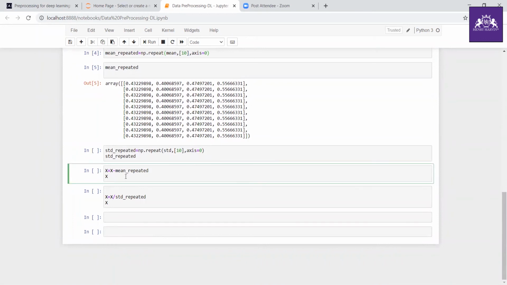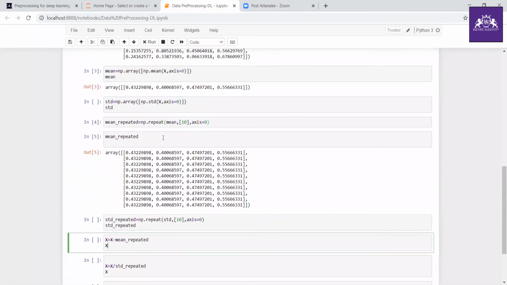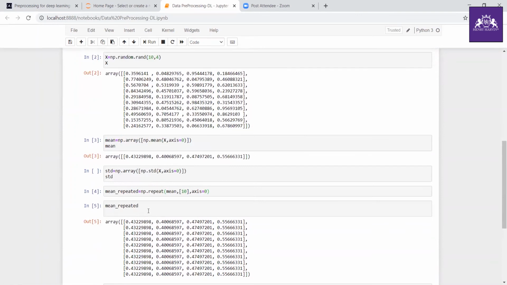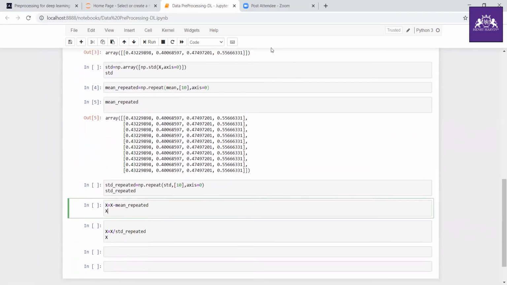Now I'm trying to compute x minus mean_repeated. Mean_repeated is nothing but the mean values repeated, because basically what I'm trying to compute is x minus mu. It's very simple: take 1, 2, 3, 4, 5. What is mu in this case? Definitely mu is equal to 3.